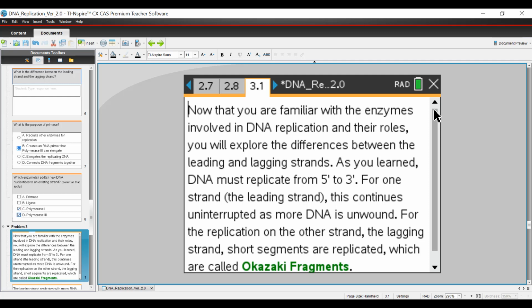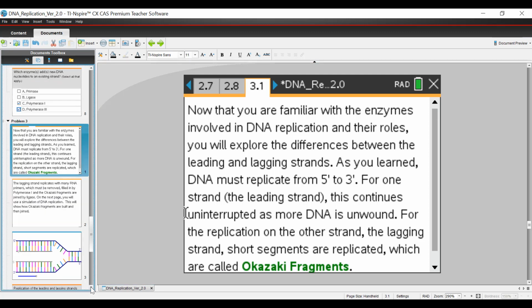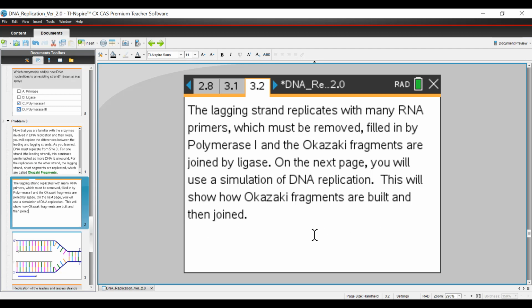Short segments are replicated, which are called Okazaki fragments. It's named after the scientist that discovered this process. So the lagging strand replicates with many RNA primers, which must be removed, filled in by polymerase 1, and the Okazaki fragments are joined by ligase. On the next page, you'll use a simulation of DNA to show how the Okazaki fragments were built.